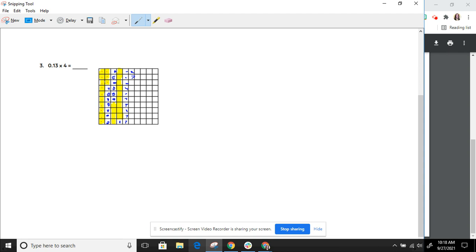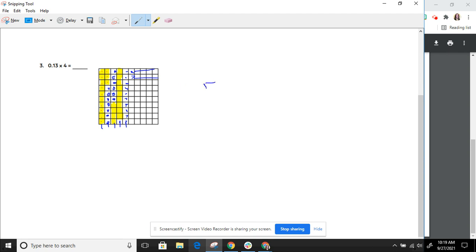Okay, I've got my first yellow 13 hundredths, then blue 13 hundredths, then yellow 13 hundredths, and then blue 13 hundredths again. So now I need to see how much do I have all together? Well, I know that each column has 10. So 10 hundredths, 20 hundredths, 30 hundredths, 40 hundredths, 50 hundredths, and then 1, 2 up here.